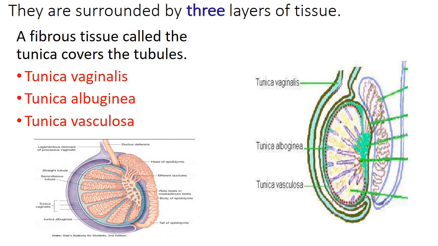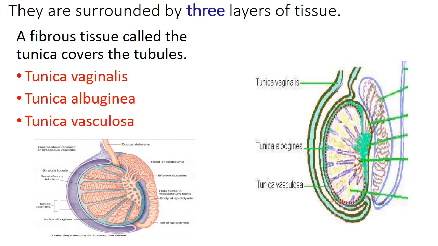They are surrounded by 3 layers of fibrous tissue called the tunica. Okay, the covering is called the tunica. There are 3 layers: first is the tunica vaginalis, second is the tunica albuginea, third is the tunica vasculosa.